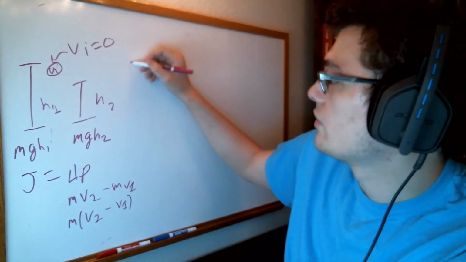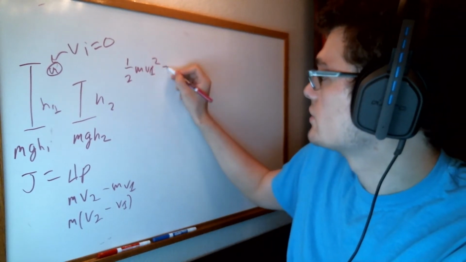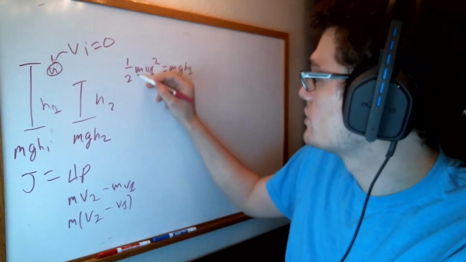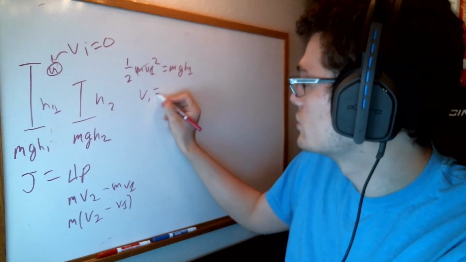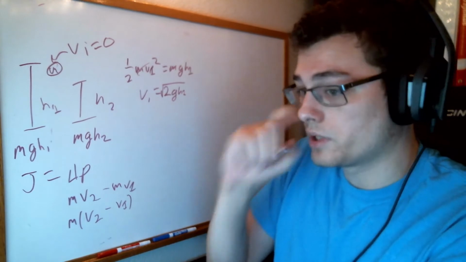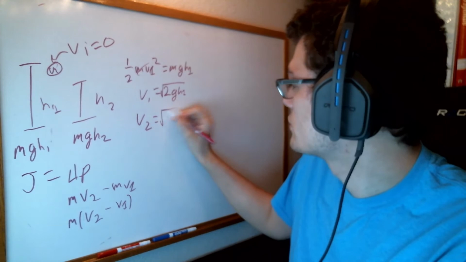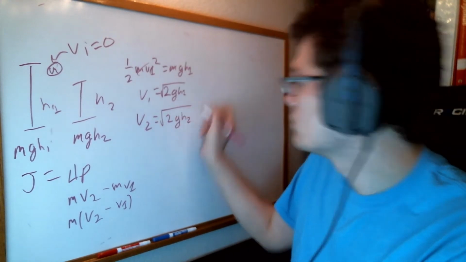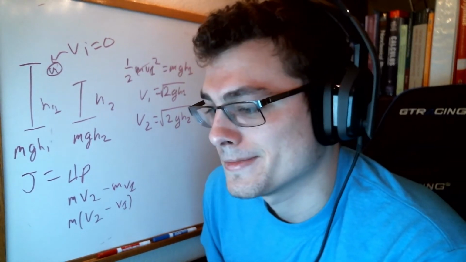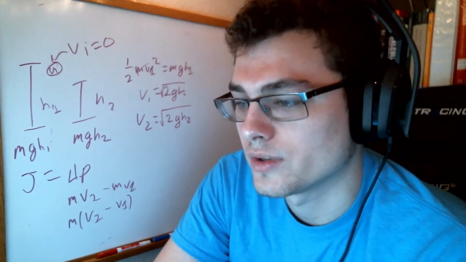And so we know that 1/2 mv1 squared is going to equal mgh1, and then we can solve for v1, and v1 is just going to be the square root of 2gh1. We can do the same thing for v2. So v2 is going to be equal to the square root of 2gh2 via the same process. We're doing the same exact thing here.